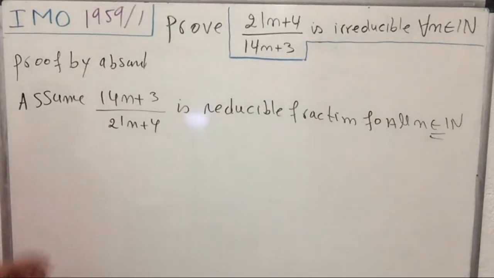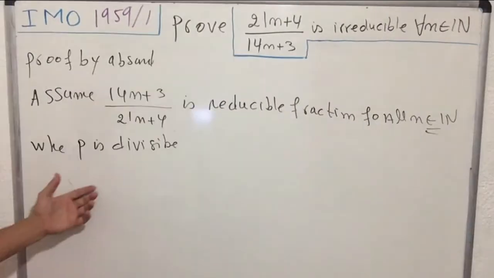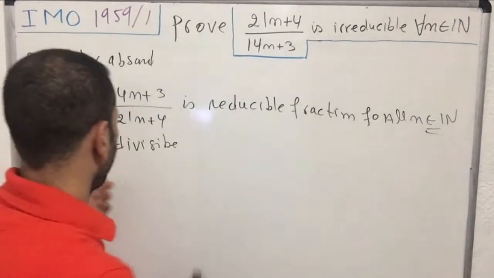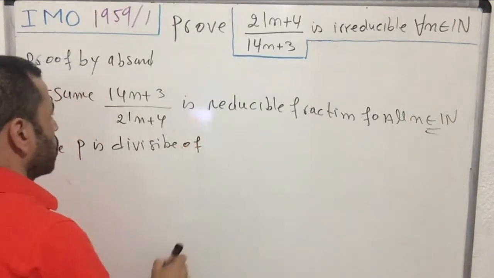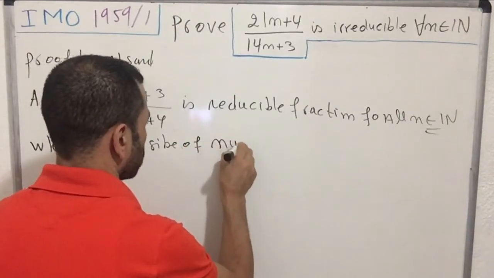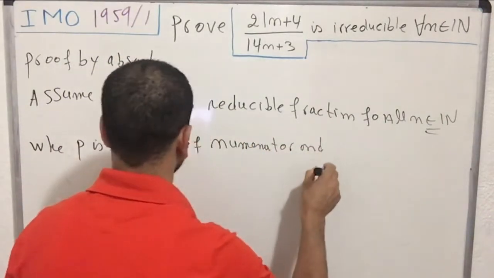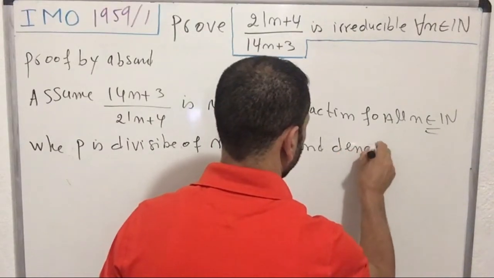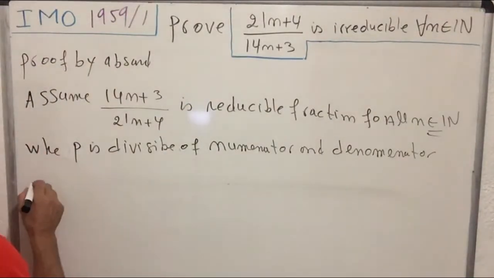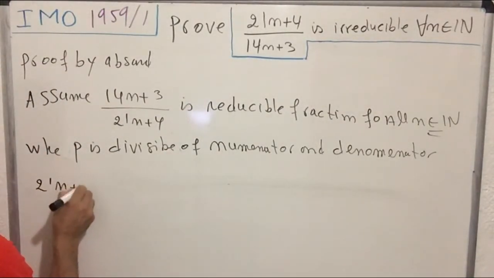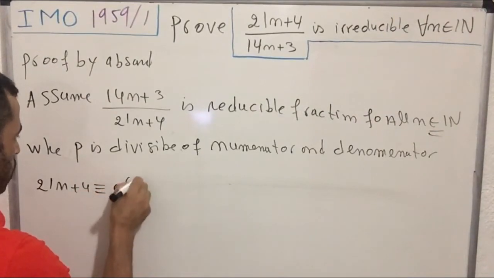So now, since this fraction is a reducible fraction for all natural numbers, where p is a divisor of the numerator and denominator, 21n plus 4 is congruent to 0.